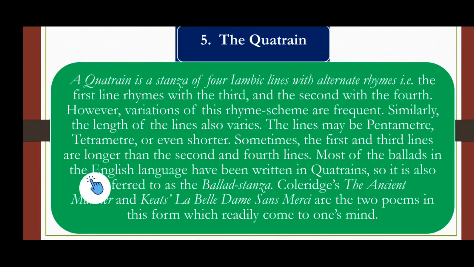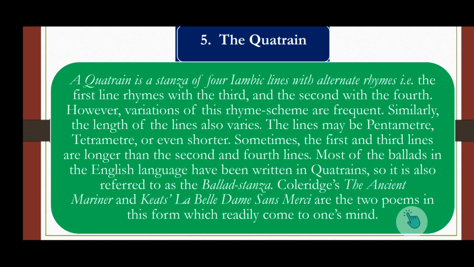Most of the ballads in the English language have been written in quatrain, so it is also referred to as ballad stanza. Why do we call it ballad stanza? Because most of the ballads which were produced in the English language have been written in quatrain. So that's why this stanza form is also referred to as ballad stanza. And we have the finest examples of ballad.